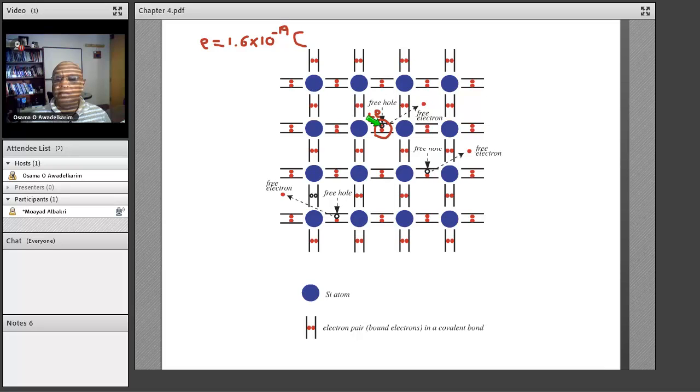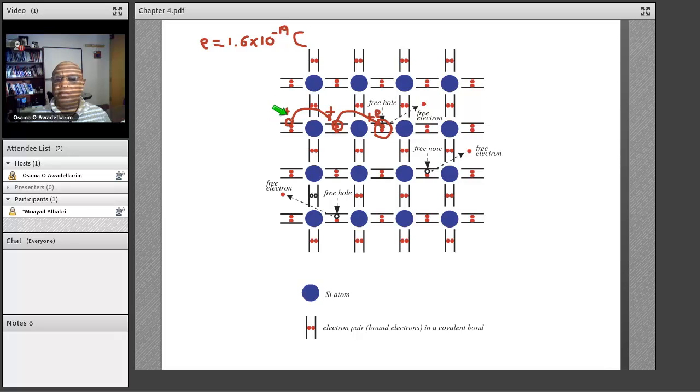Now, this electron here can jump to this, because there is a positive charge, get attracted very quickly, and fill up this hole. But if the electron jumps and fills up this hole, what does it leave? It leaves a hole behind here. So the positive charge moves here. And then this electron can see the attraction and jump here, and so the positive charge moves here.